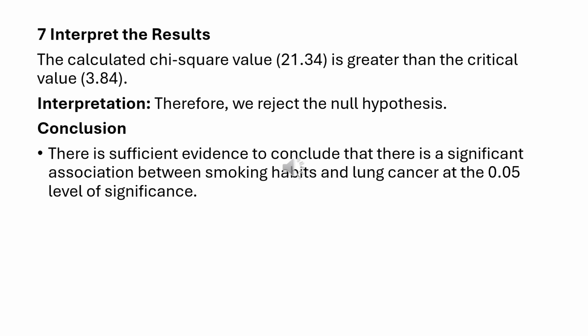In this particular case, the chi-square value is greater than the critical value, so we reject the null hypothesis and accept the alternative hypothesis. So this is about testing hypothesis using the chi-square test.